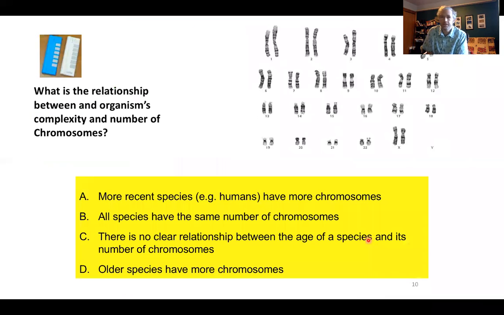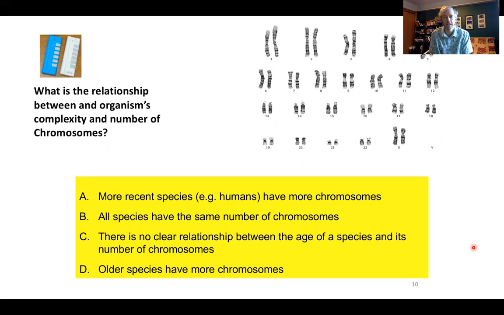Righty, we'll just do a fake clicker question for a second. I want you to think about this. What is the relationship between an organism's complexity and the number of chromosomes? Just think through this. A, more recent species, such as humans, have more chromosomes. B, all species have the same number of chromosomes.